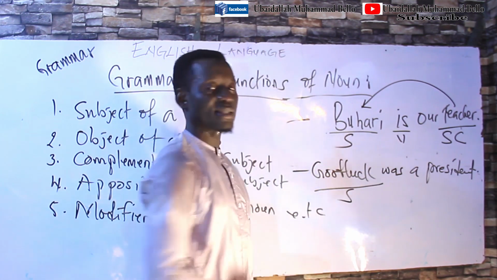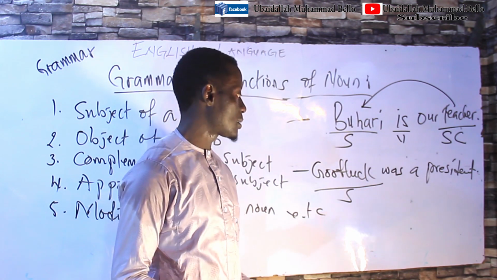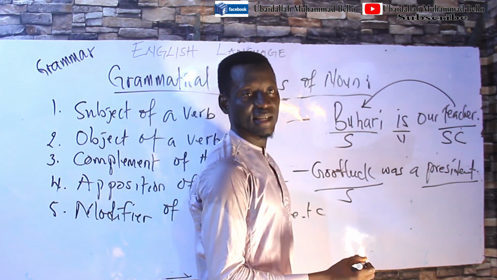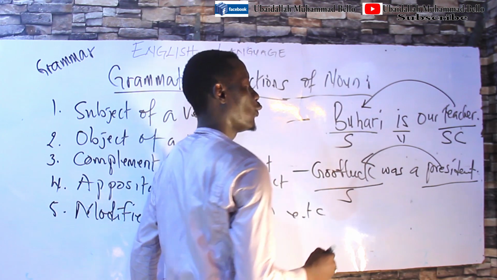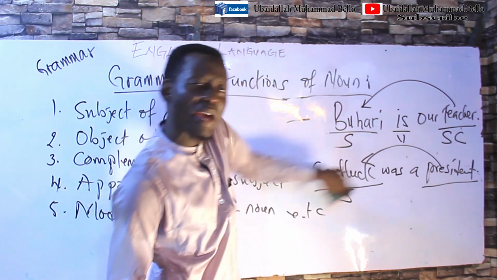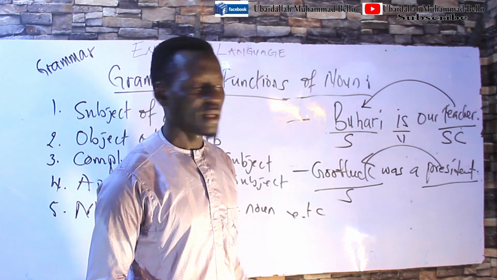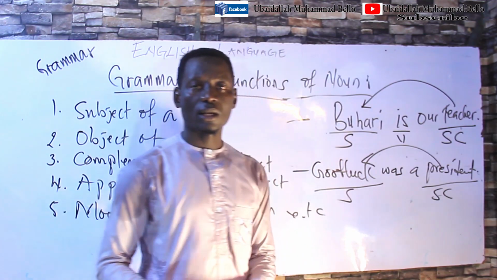Good luck here is our subject because it's the topic of discussion in the sentence. And was a president. President here is a noun. And what does it do? It complements Good luck as subject of the sentence. Therefore, this is another example of subject complement.